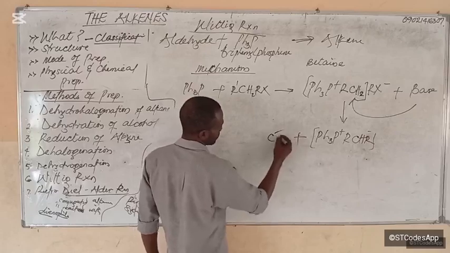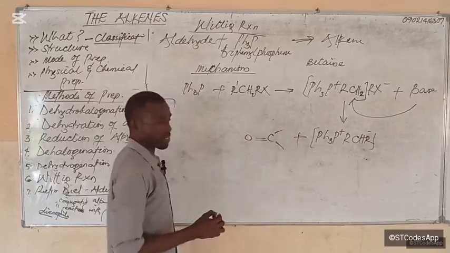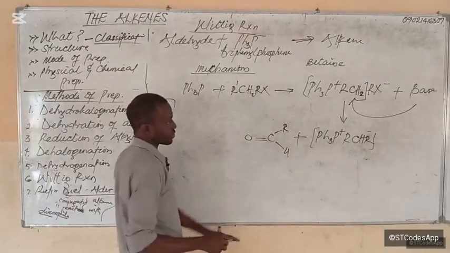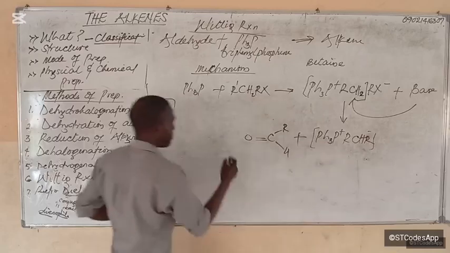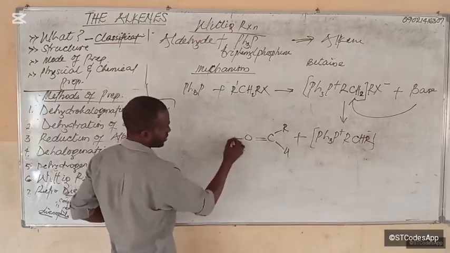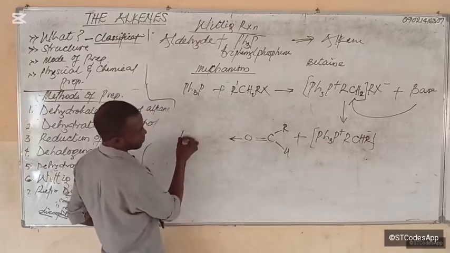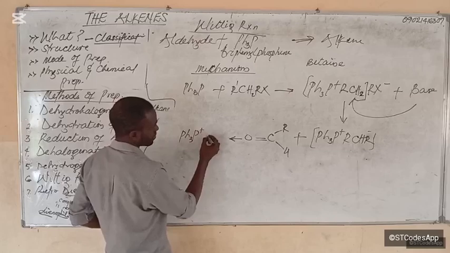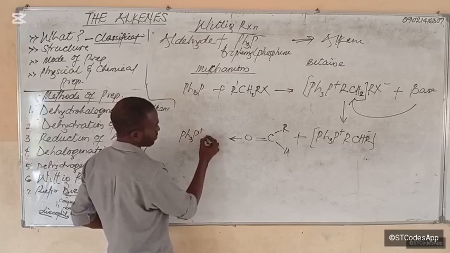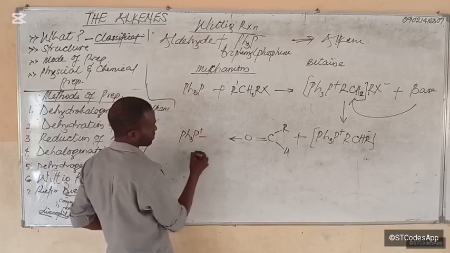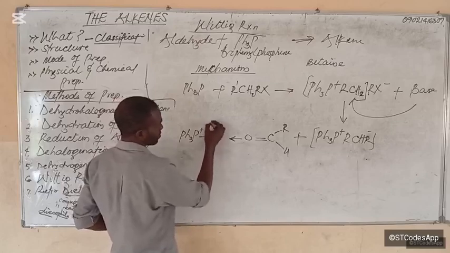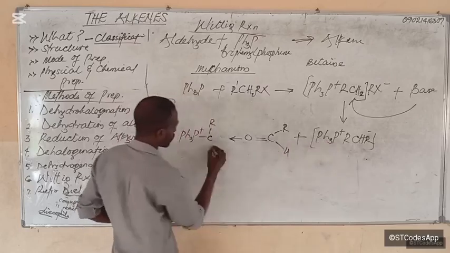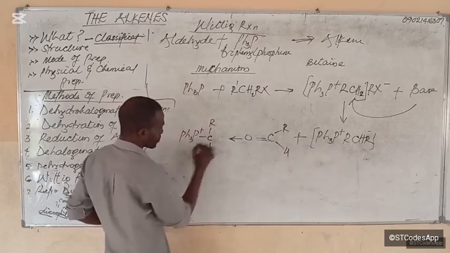aldehyde. Okay? Once it reacts with our aldehyde, what will happen? It's going to form betaine. Then betaine is going to look like this. This will now form a bond with this carbon.